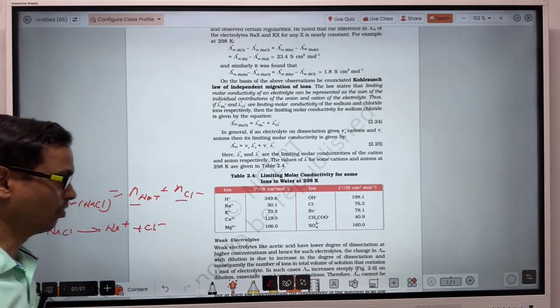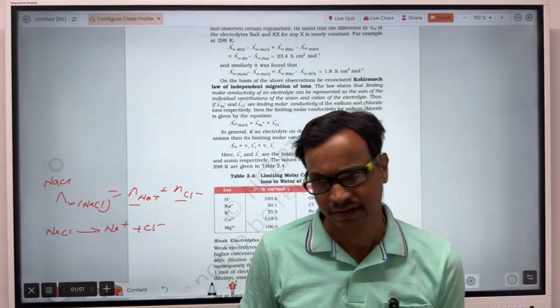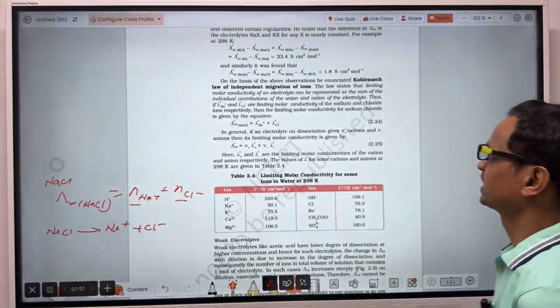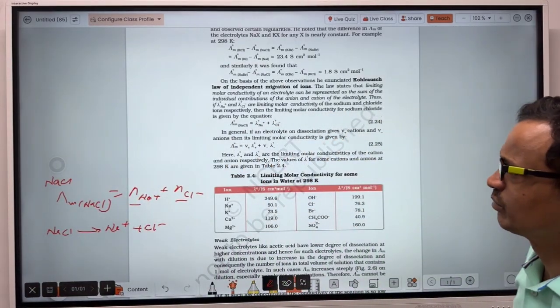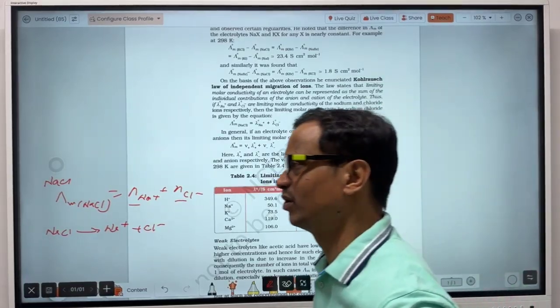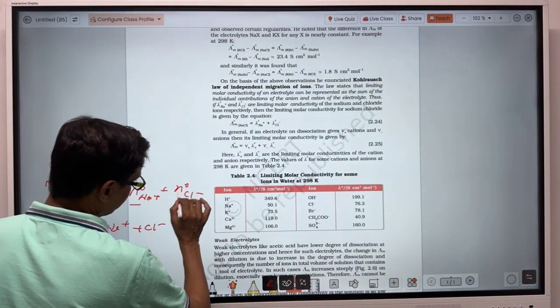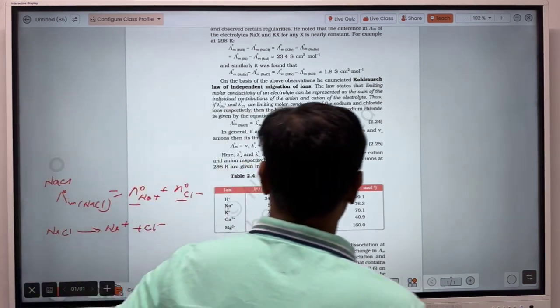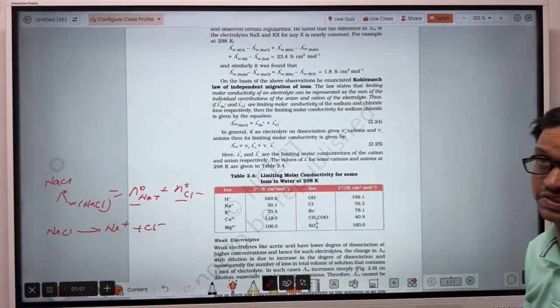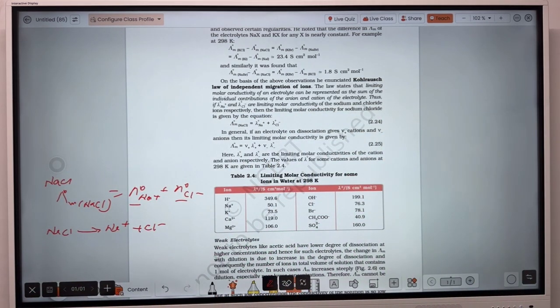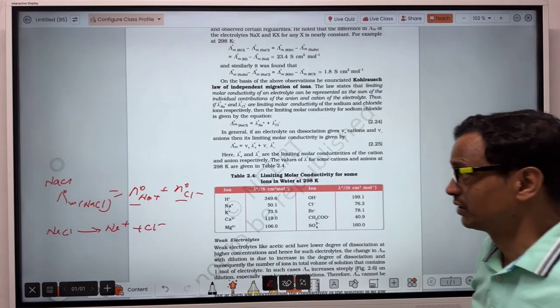That means the Kohlrausch law states that the limiting molar conductivity, that is, the conductivity of an electrolyte at infinite dilution.